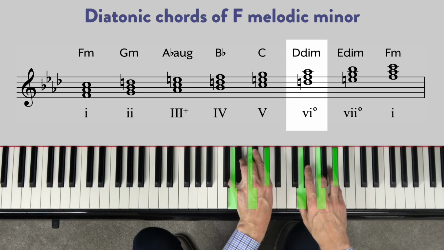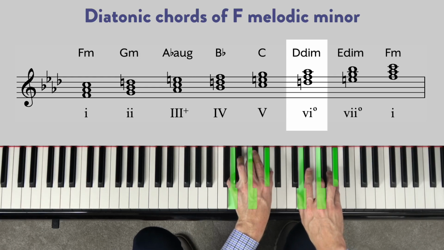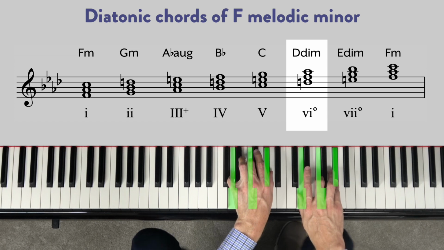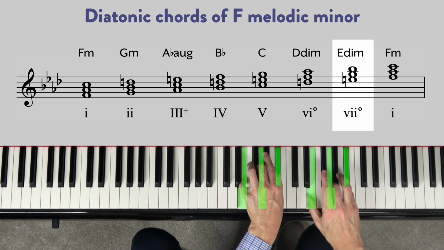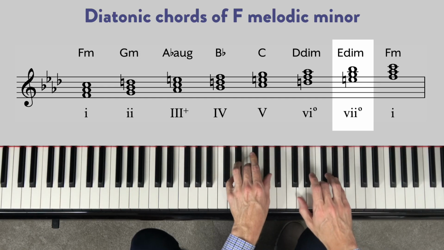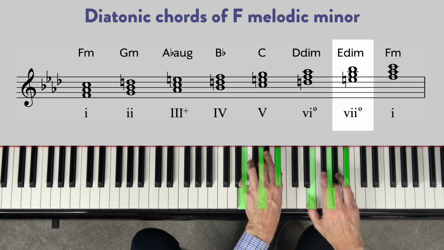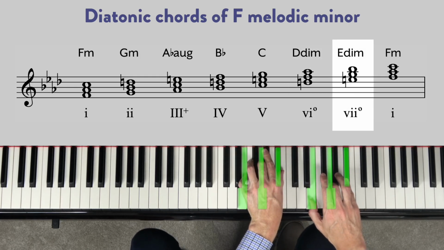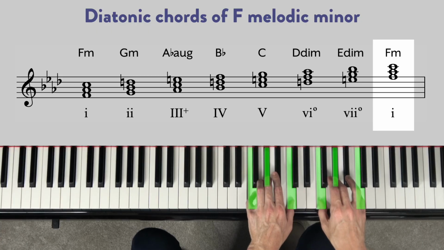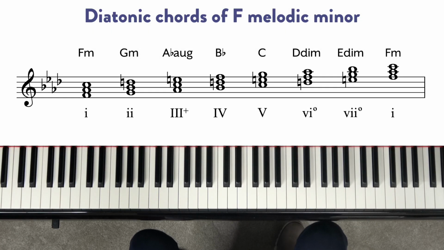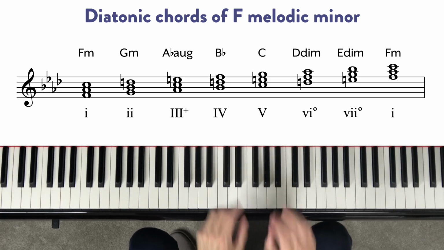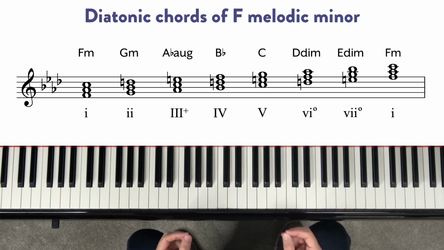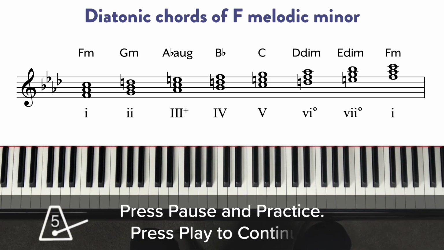We're using the raised 6th scale degree, so we'll have D diminished 6 chord, and then another diminished chord, E diminished 7 chord. Notice that when we're using melodic minor, we get 2 diminished chords in a row. The D diminished 6 chord, E diminished 7 chord, and then we're back to F minor 1 chord. Now, pause the video and try playing and naming all the diatonic chords we get from F melodic minor, then press play to go on.